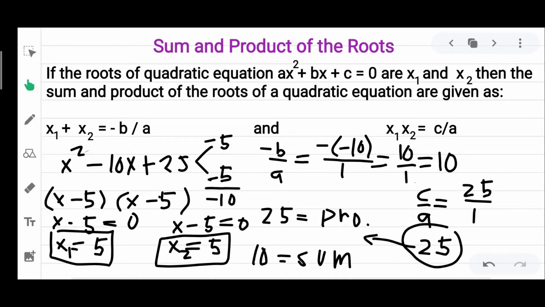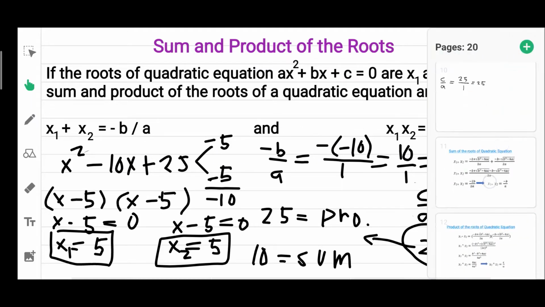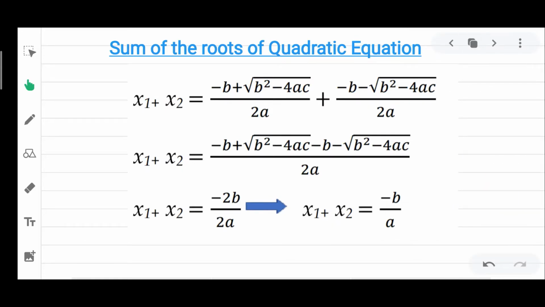So, the question is, how do we get this formula? Saan ko nakuha tong mga formula na to? Okay, first, let's discuss the sum of the roots of quadratic equation. So, I know you are familiar with the quadratic formula, and we all know that the quadratic formula is used to find the roots of a quadratic equation.